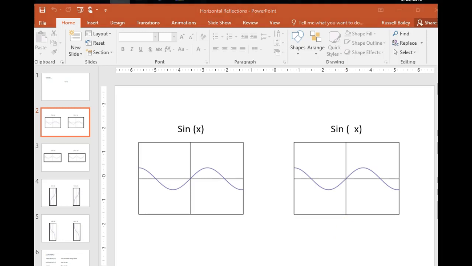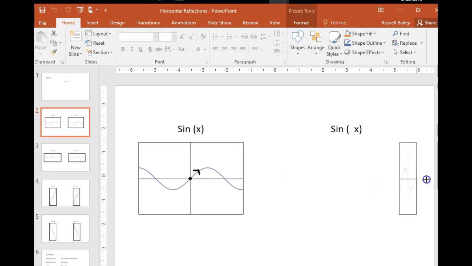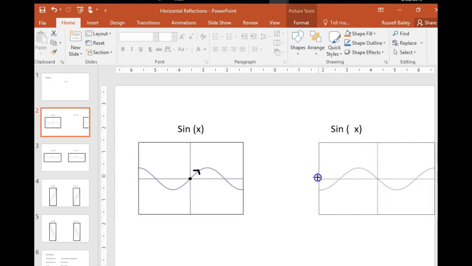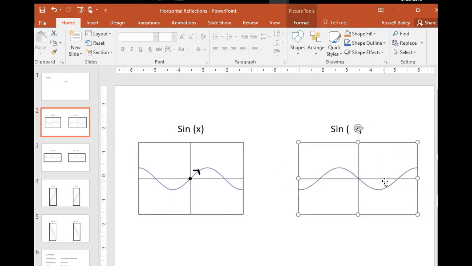We are used to this thing starting at the origin, or the midline, right? And then doing what afterwards? Going up, right? Now, if I flip this thing sideways, it still starts at the midline, but it goes down.